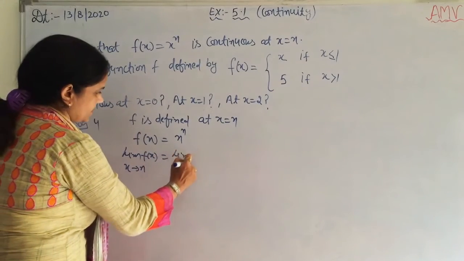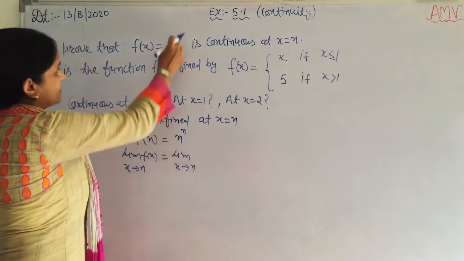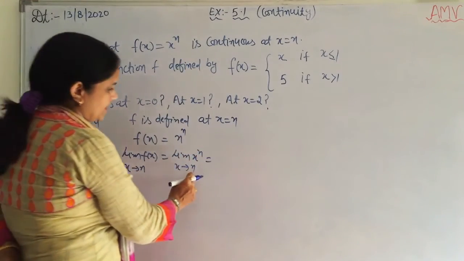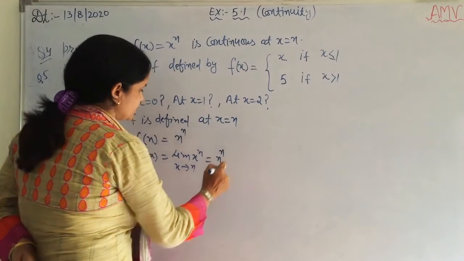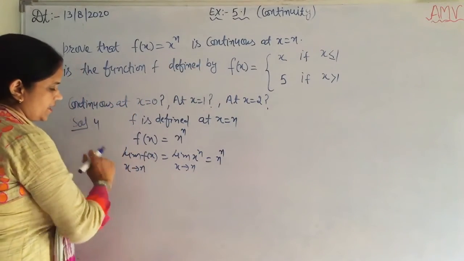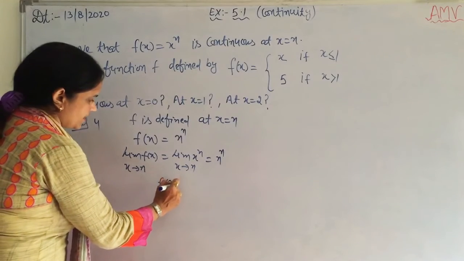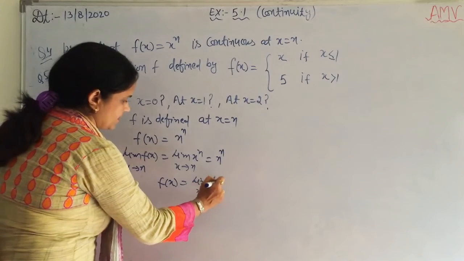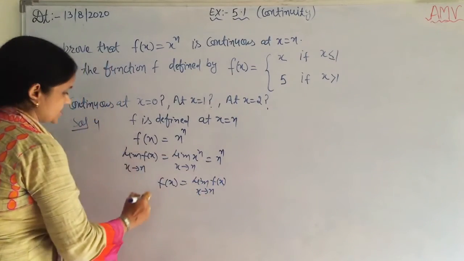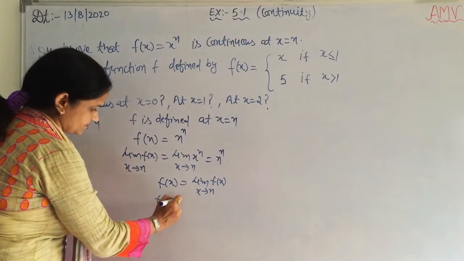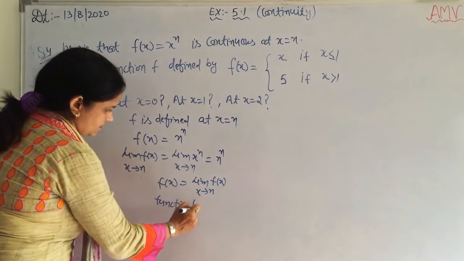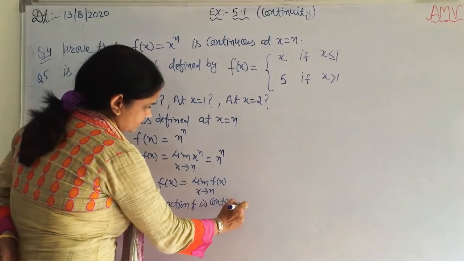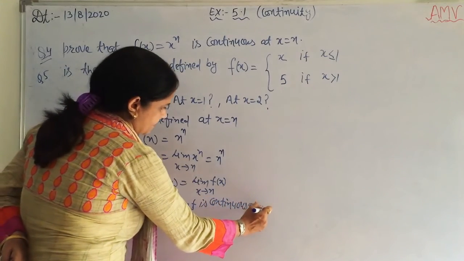Here f(x) is x raised to n, in place of x write n, so it's n raised to n. Now see, both are equal. So f(n) is equal to the limit as x tends to n of f(x). So the function is continuous at x is equal to n.